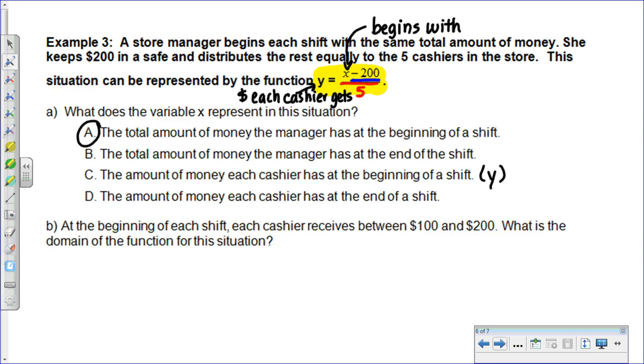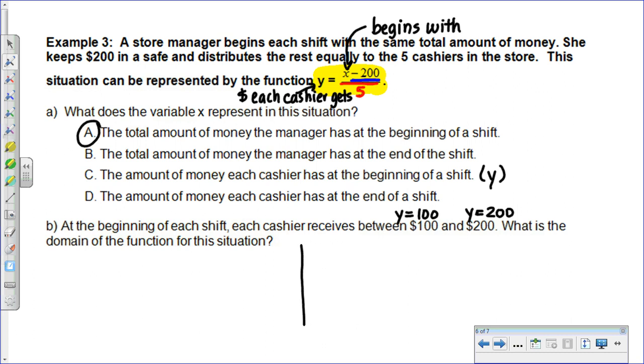Part B, at the beginning of each shift, each cashier receives between $100 and $200. What is the domain of the function for this situation? So we have two equations to solve. We know that each cashier receives between 100 and 200. So Y equals either 100 or 200 or somewhere in between.